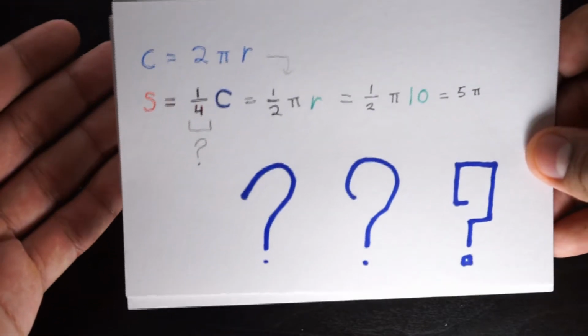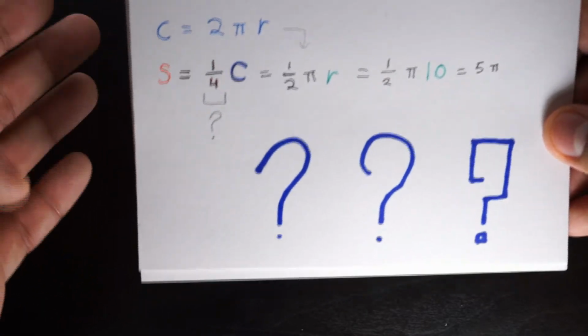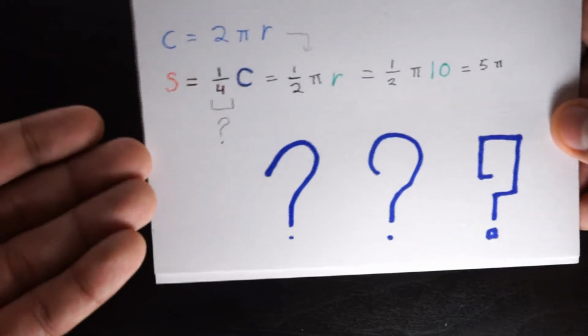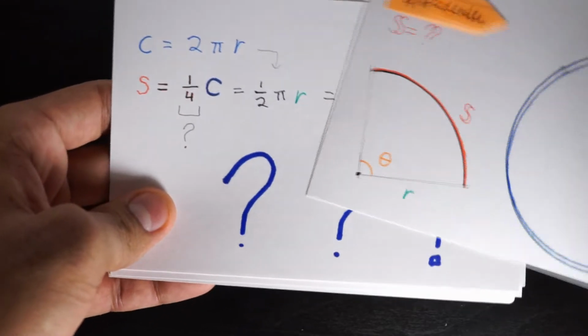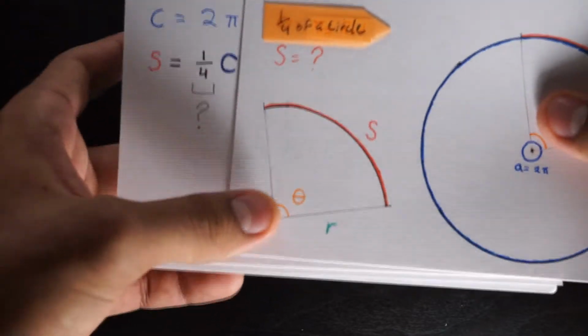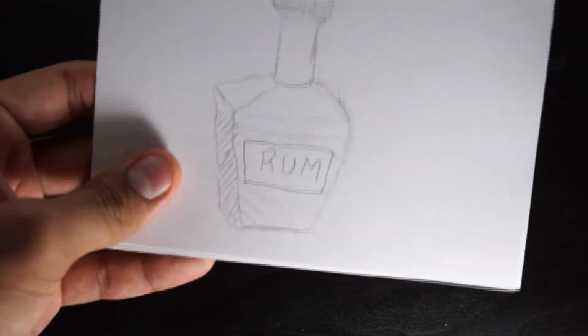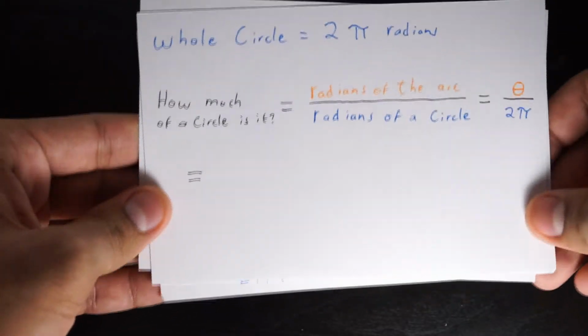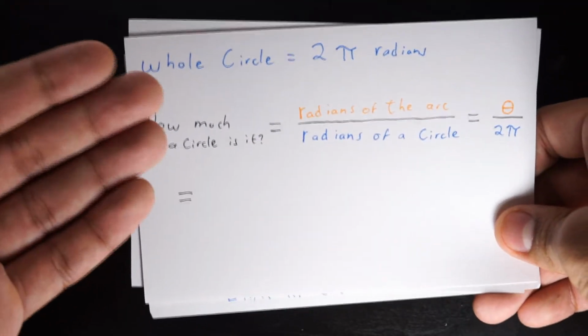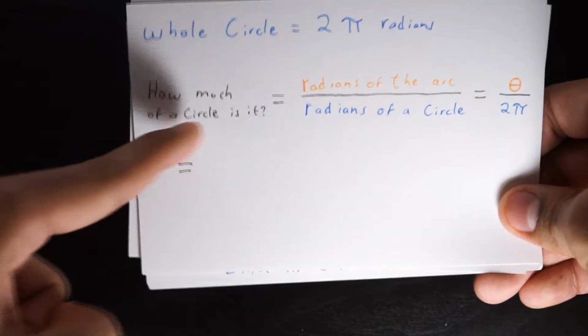But if we have an arbitrary arc that we don't know how much of a circle it is, how can we solve for this? Fortunately, there's a piece of information that they often give with arc lengths, and that's the theta. That's our kicker. No, not the liquor, the kicker. There we go. We know a whole circle to be 2 pi radians.